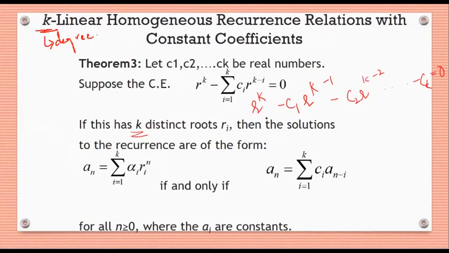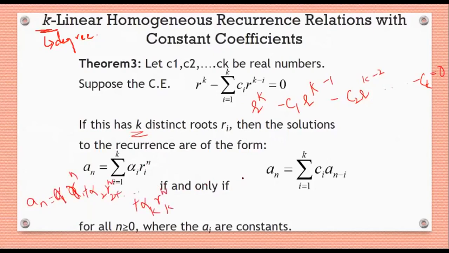Suppose the degree is 3, then the solutions to the recurrence relation are of the form An is equal to the sum from i equal to 1 to k of alpha i Ri power n, or it can also be written as An is equal to alpha 1 R1 power n plus alpha 2 R2 power n and so on up to alpha k Rk power n.